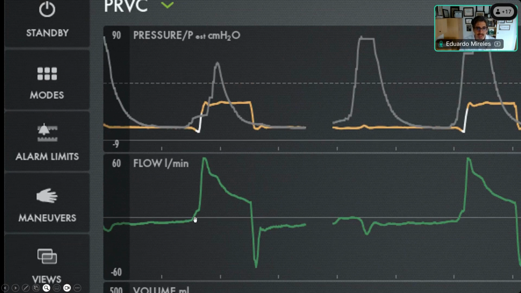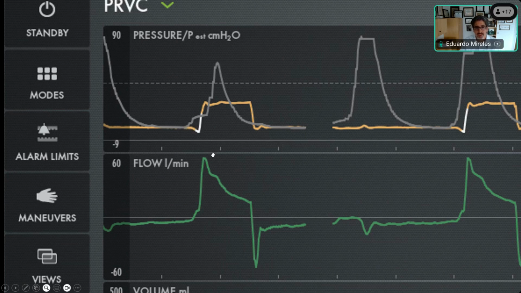If you were reading this waveform, you would say the activity started here, and the breath triggered down here, and you can see that it triggered a little bit, that there was activation here. You could say it's late, but if you see the electrical activity of the diaphragm, it's even farther back.